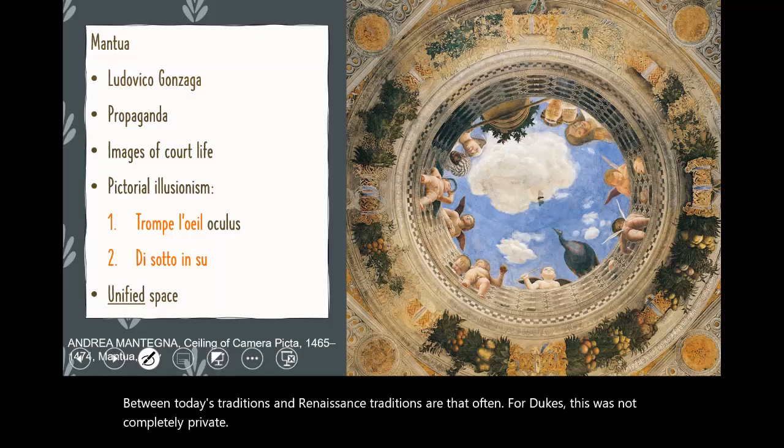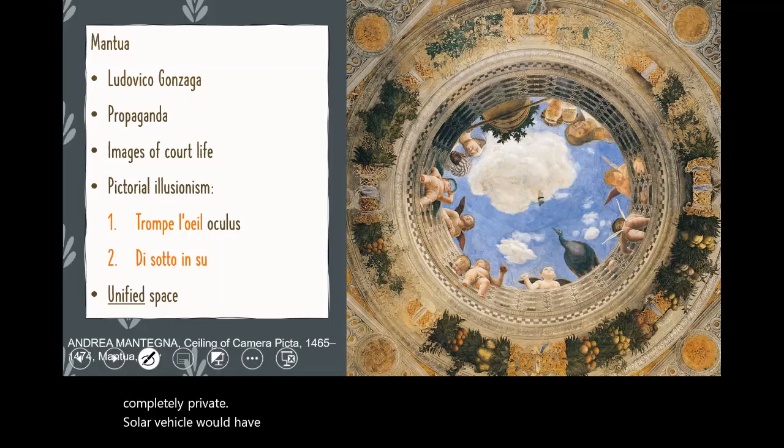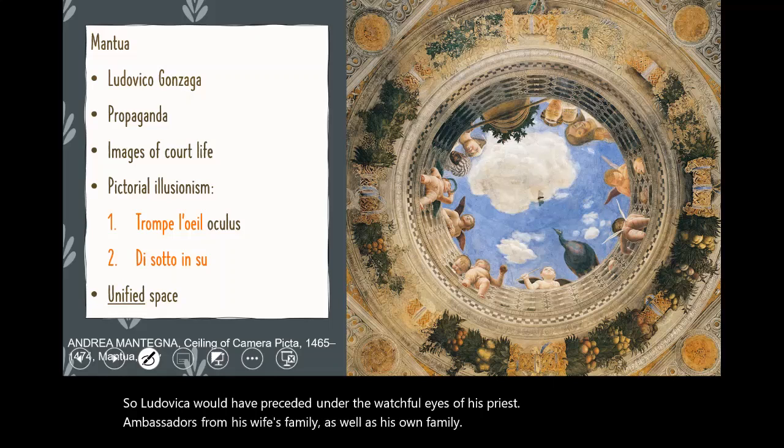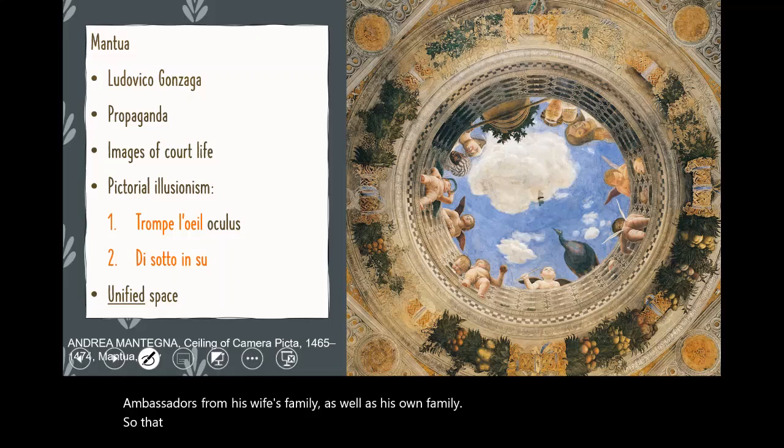So Ludovico would have proceeded under the watchful eyes of his priest, of ambassadors from his wife's family, as well as his own family, so that everybody could legally say, yes, this contract is valid between the two realms, between Mantua and their allies.